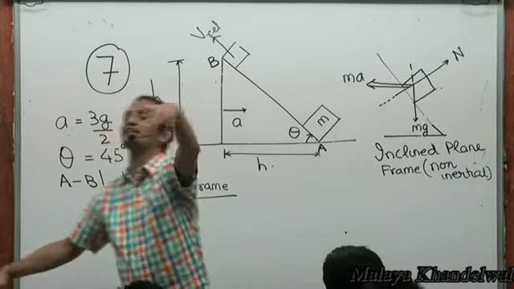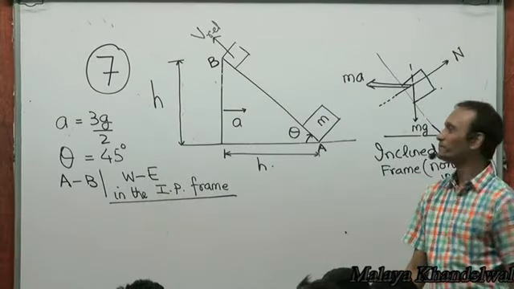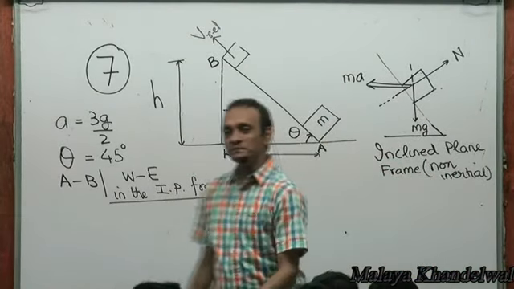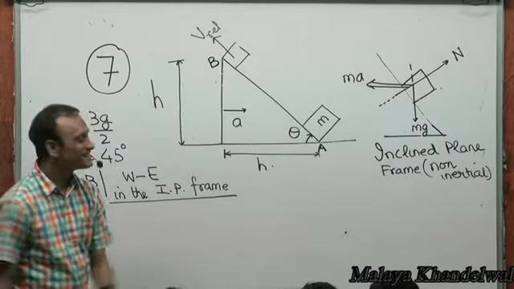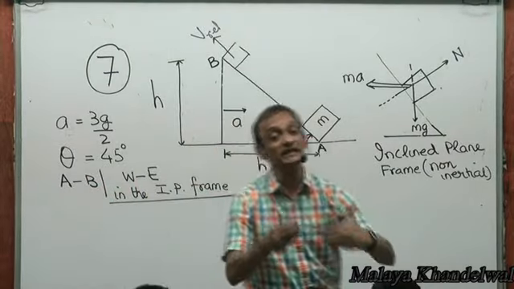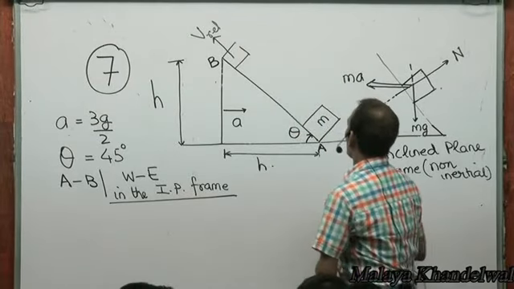Trolley in the shape of an inclined plane, if you like. So in the inclined plane frame of reference, all the displacements would have to be taken in that frame, okay?